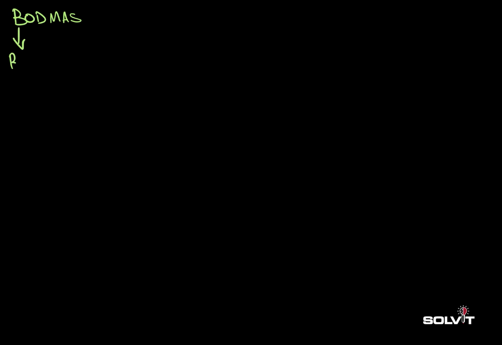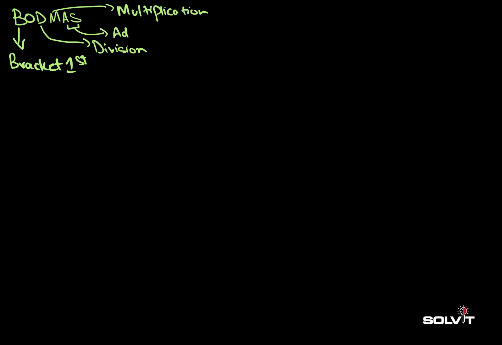So this basically means first of all you need to do the brackets, then you need to do division, then multiplication, then either we can add or subtract. So this is first, this is second, and any of the last two could be third or fourth. So this is the order that we need to follow while solving the question for the order of operations.